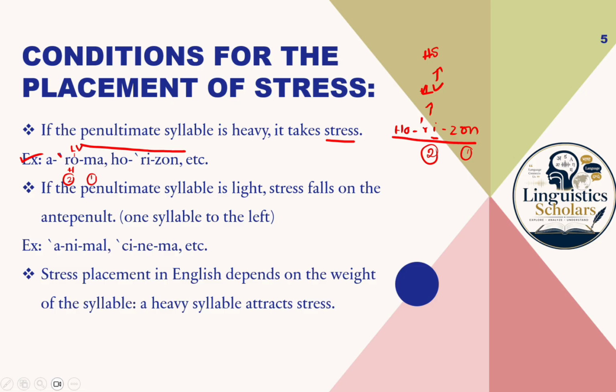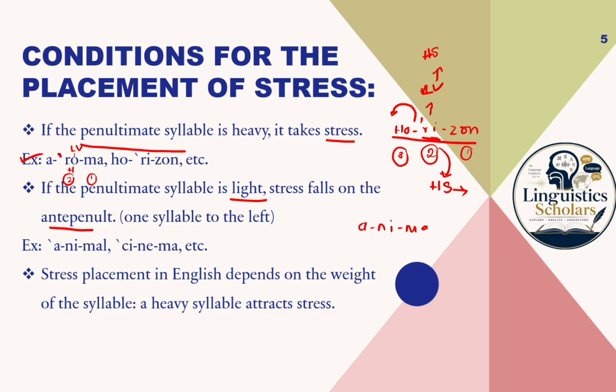What if it is not a heavy syllable? Then the stress falls on the syllable before the penultimate syllable. If the penultimate syllable is light, as I said, stress falls on the antepenult, which is basically the third syllable from the last, as you can see in animal.